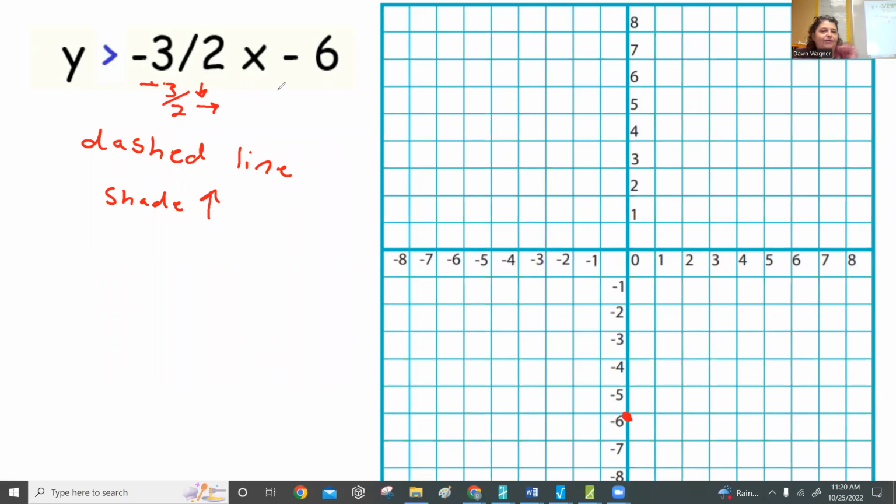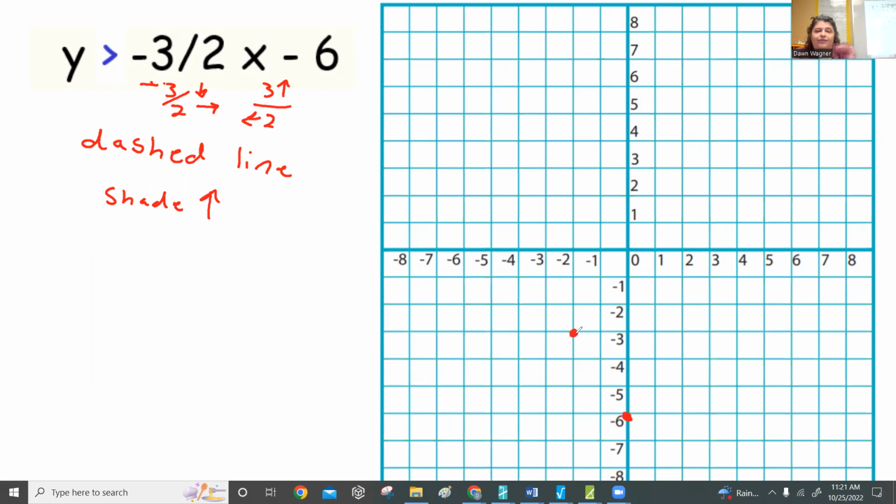So I'm going to go up 3, and then I have to go this way. I don't have enough room on my paper. You may have enough room, but I don't. 1, 2, 3. 1, 2.